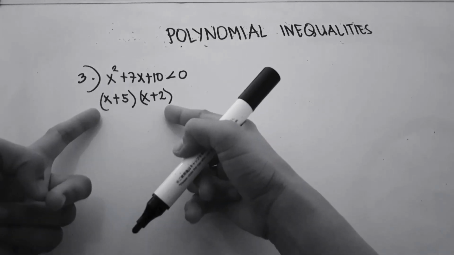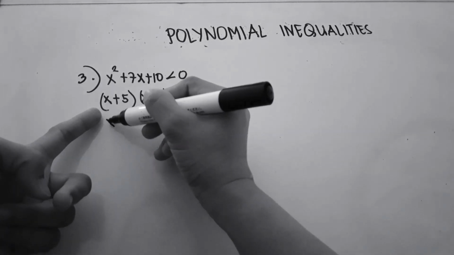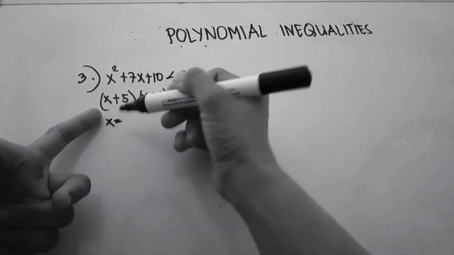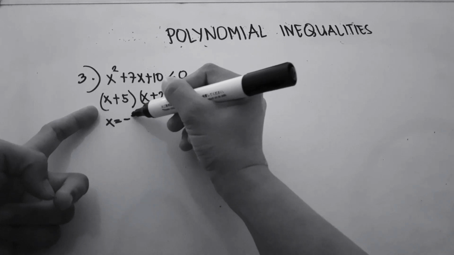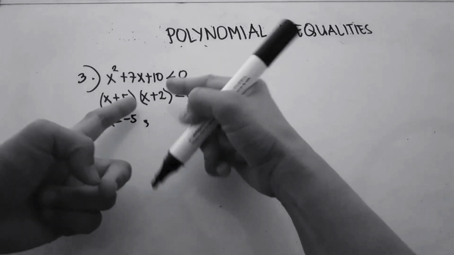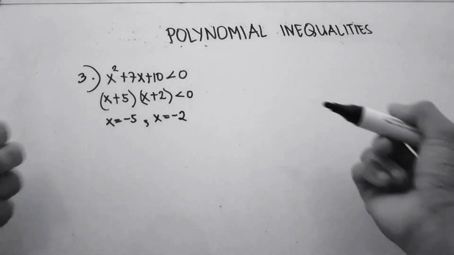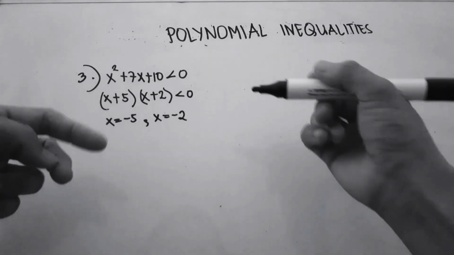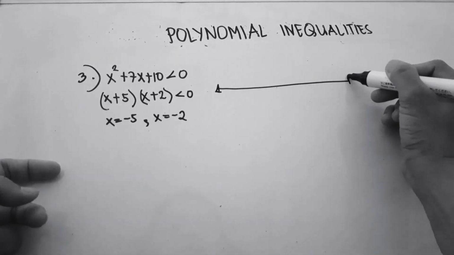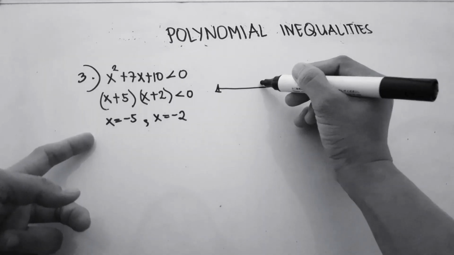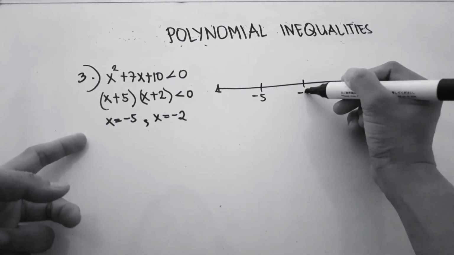So this is our factor, and from this factor, if x is equal to 0, we get negative 5 here and x is equal to negative 2. And then on the number line, we can plot negative 5 here, and this is negative 2.